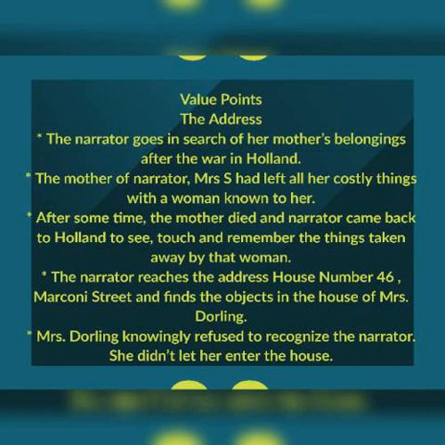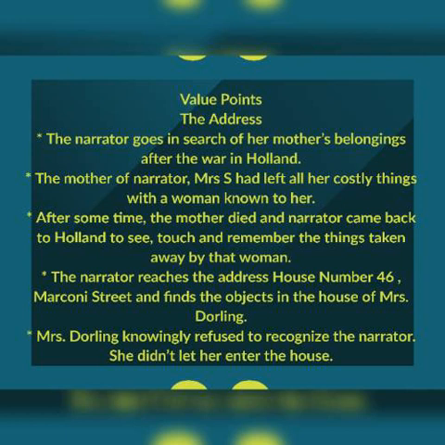Here you will come to know about the value points of the lesson, the address. So we come to know that the narrator goes in search of her mother's belongings after the war in Holland. The mother of the narrator, Mrs. S, had left all her costly things with a woman known to her.